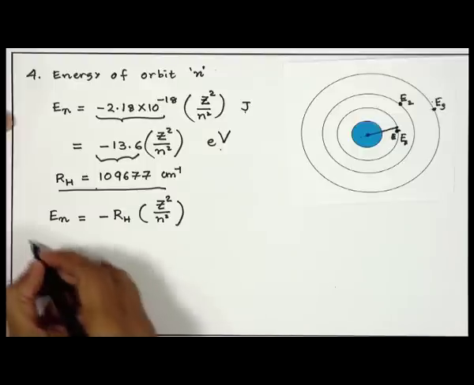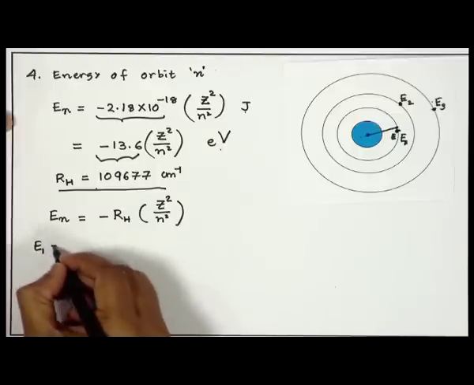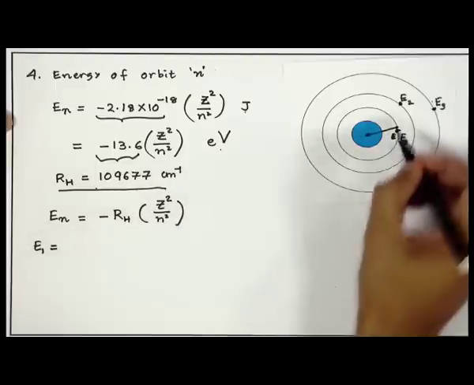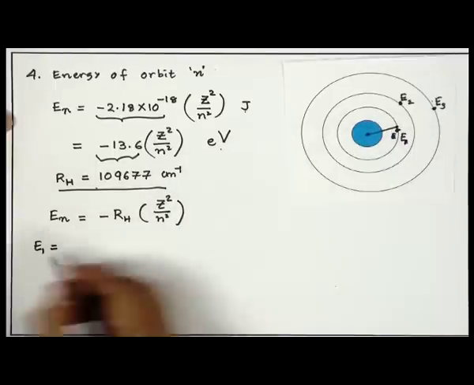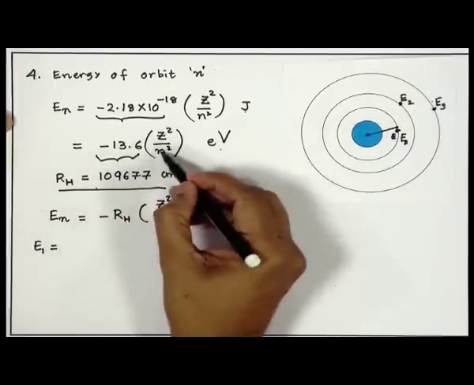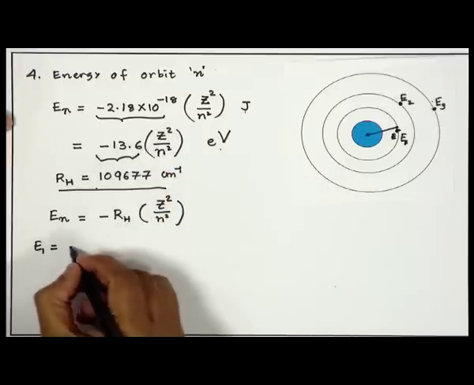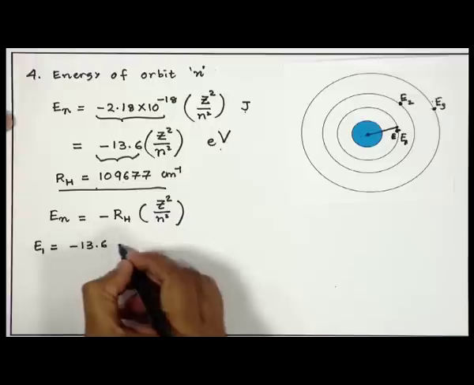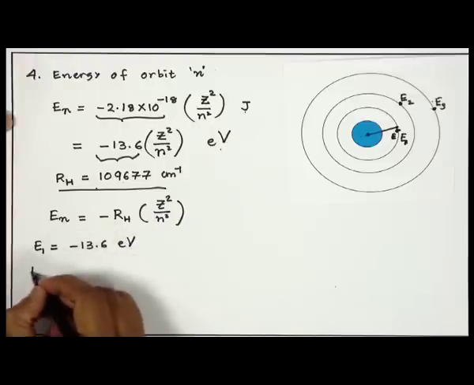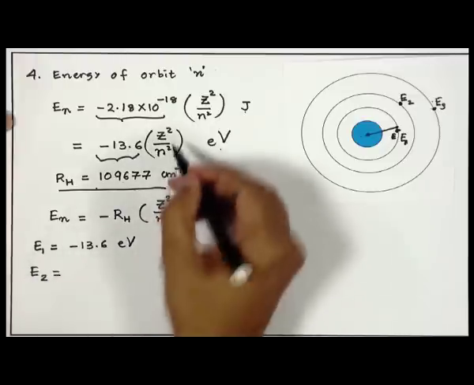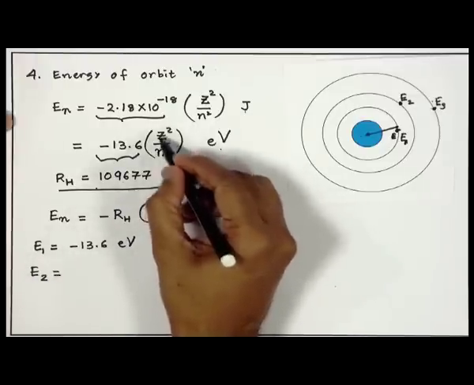All right. We will write down the energy of a few orbits. The first stationary state E1, when n is 1 and z is again 1 because it is hydrogen atom, has energy minus 13.6 electron volt. The energy of the second stationary state is obtained when n is 2, z is again 1.